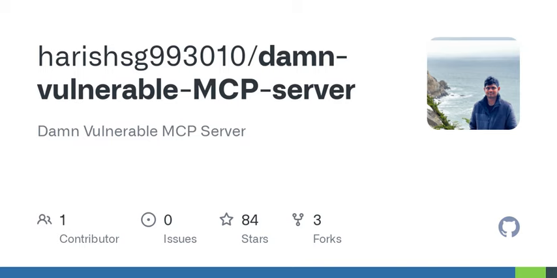The DVMCP project features 10 challenges, each one ramping up in difficulty. Think of these as levels in a video game. Each level teaches you something and potentially gives you a nasty surprise if you're not careful. For example, one challenge focuses on prompt injection, where malicious inputs attempt to manipulate AI behavior.